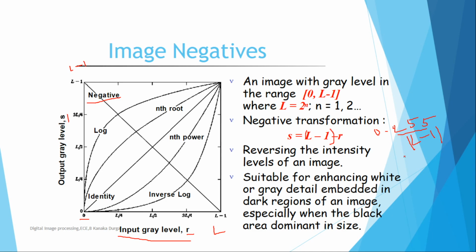What will be the output for a given input? First I consider the input as 0. So what will S be? S equals 255 minus 0, which is nothing but 255, the maximum value of the output of the image.